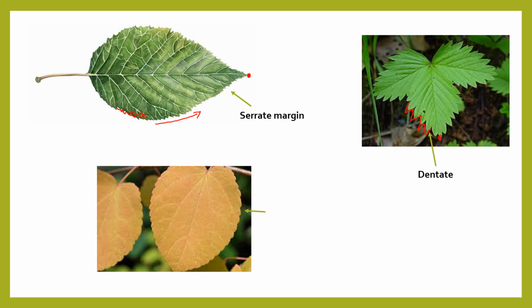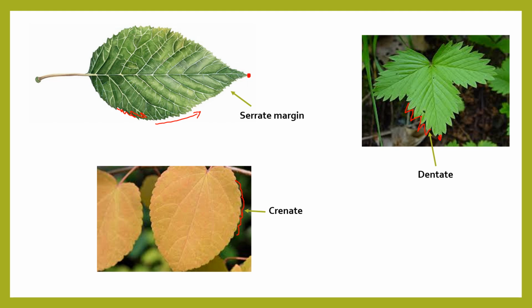For example, this leaf of strawberry has a dentate margin. And the third one, you can observe that the teeth of the margin are rounded like in the picture. They are not sharp at all, so this one is crenate margin.